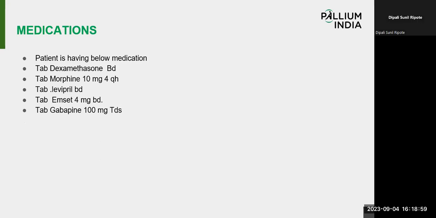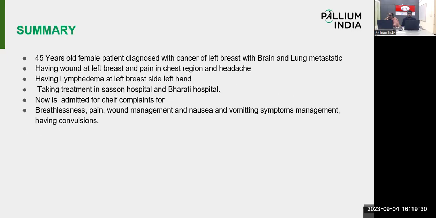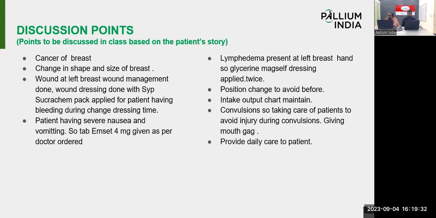So from your point, I understand the patient had severe pain, but now the pain is controlled, right? Yes, madam. Now the pain is controlled with 10 milligram morphine, and the patient is at home. Okay. Is there any specific question you want to ask us regarding this patient story?